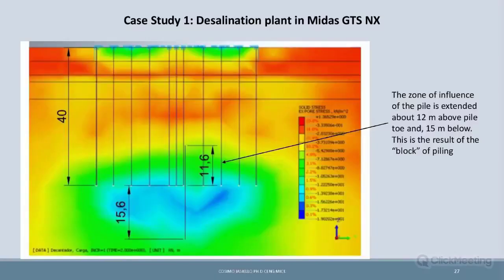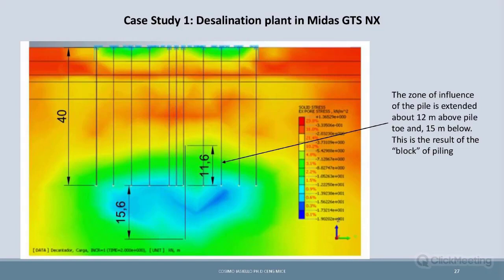Then there is another issue, the so-called block of piles. As you can see, the zone of influence of the pile starts at more or less 12 meters. So we have all this green zone, where the piles are working not as structure, but like inclusions in the soil. Here we are generating an area of increment of the stresses in the soil, which makes this solution work.